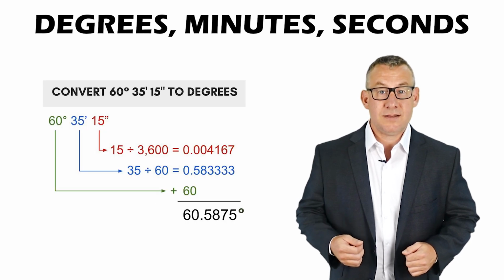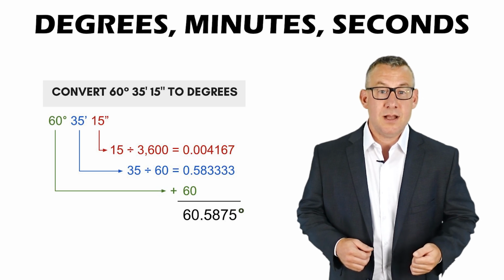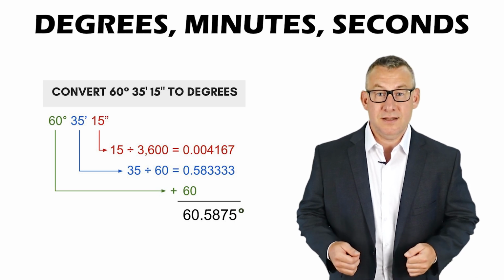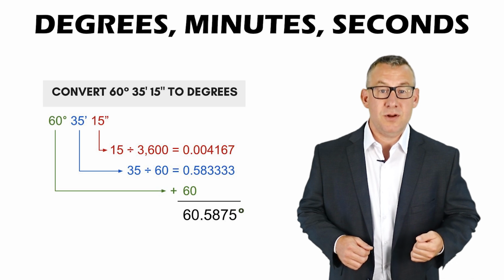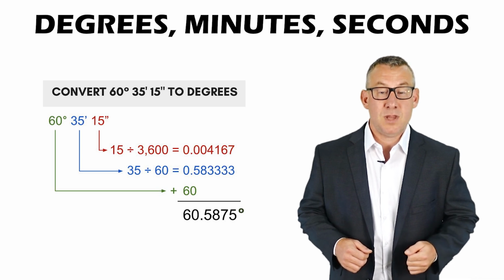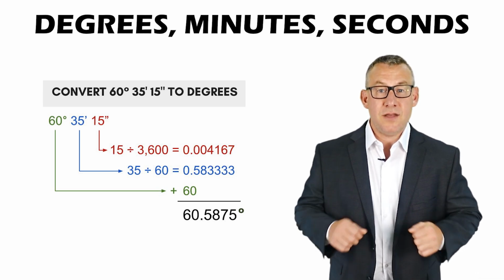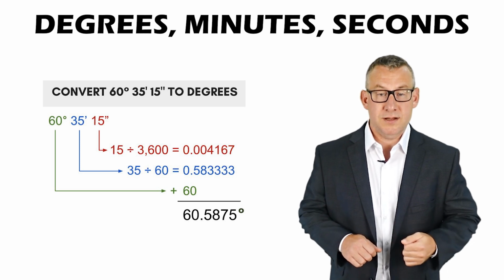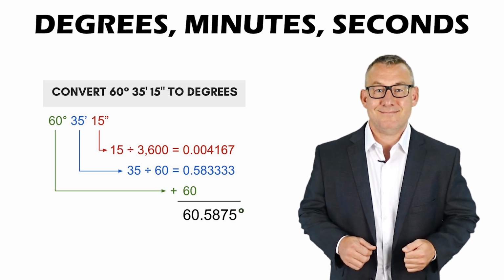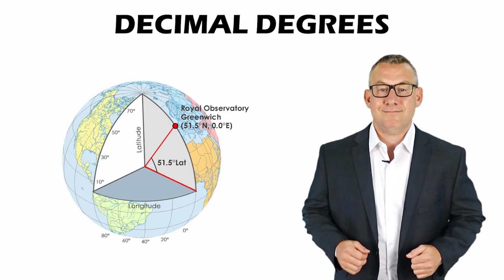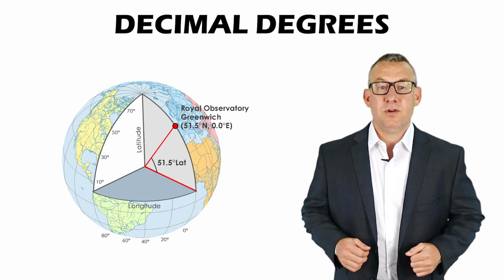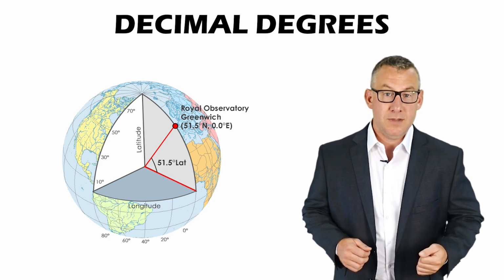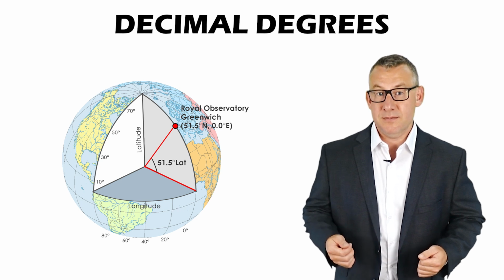Degrees, minutes, seconds can be converted to decimal degrees by dividing minutes by 60 and seconds by 3600. Those values are then added together to determine the decimal portion of the measurement. Decimal degrees coordinate measurements are an Open Geospatial Consortium, initialized as OGC, standard.